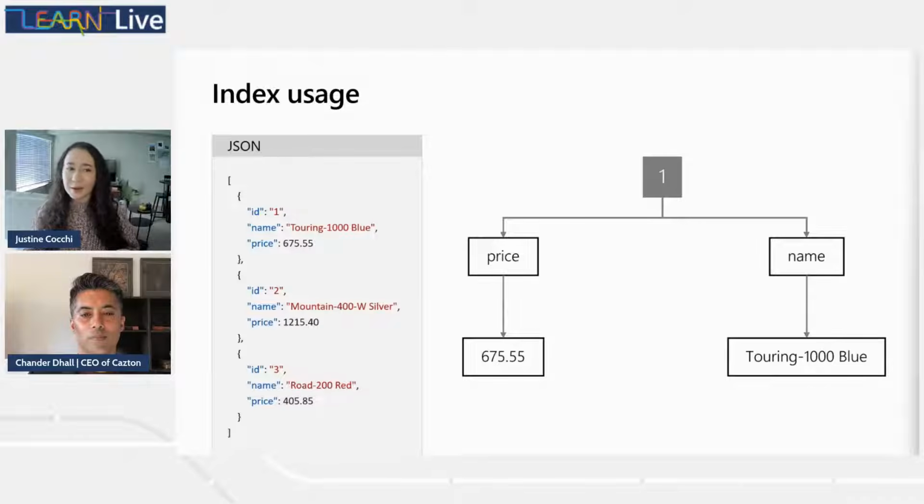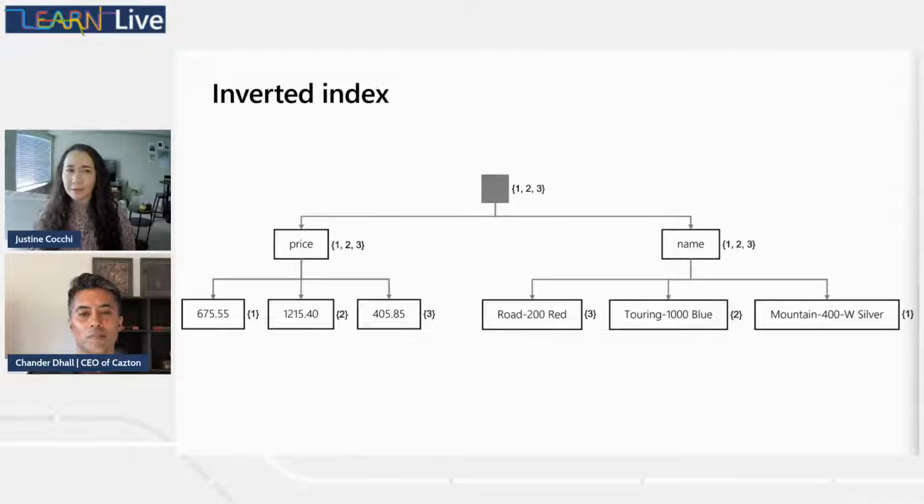Okay, so that's great. We can create a tree out of 1 document, but what does that mean for our index? Cosmos DB actually uses something called an inverted index. What this does is create a tree out of all of the documents in your container, and it will be able to map them to certain properties. You can see here at the root, we have all of the IDs for our container. Remember, we only have 3 items: 1, 2, and 3.